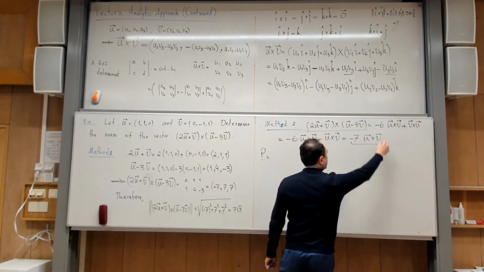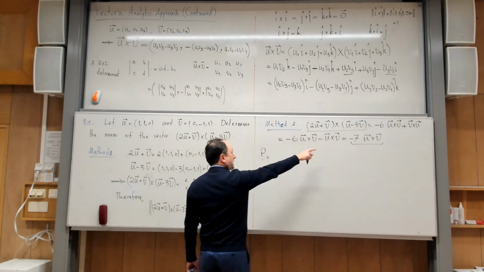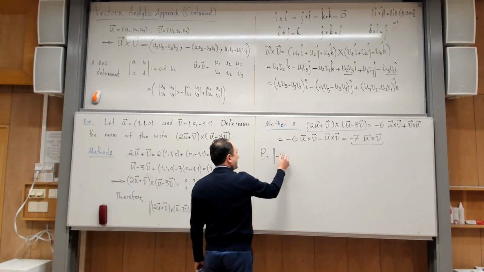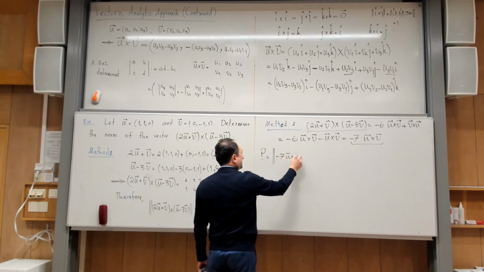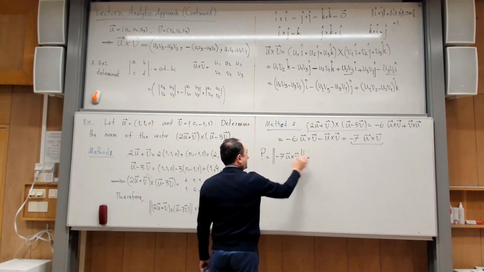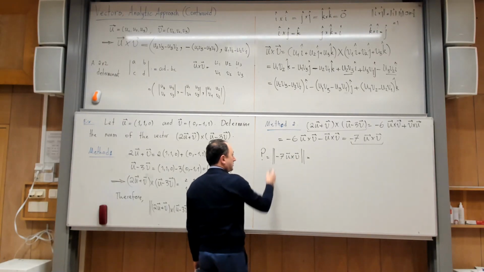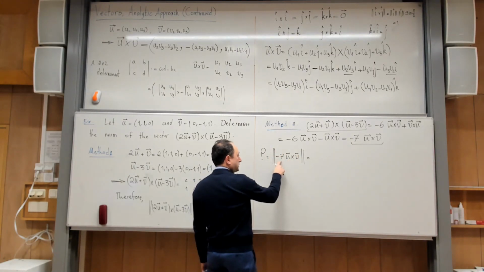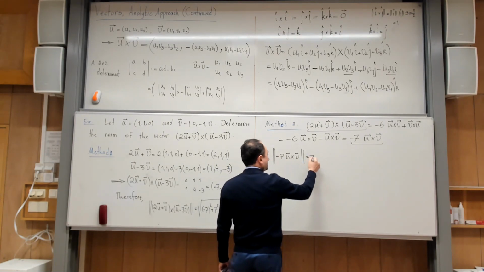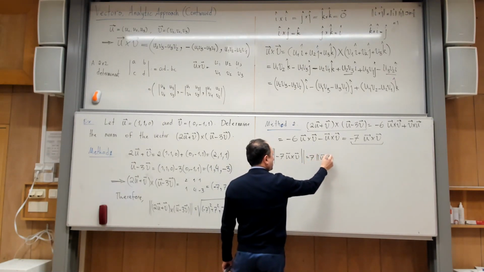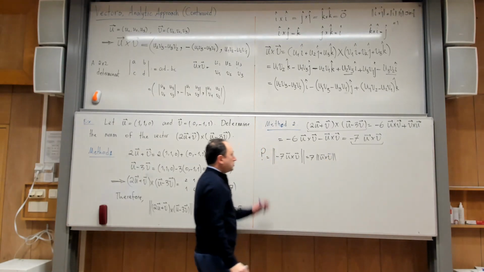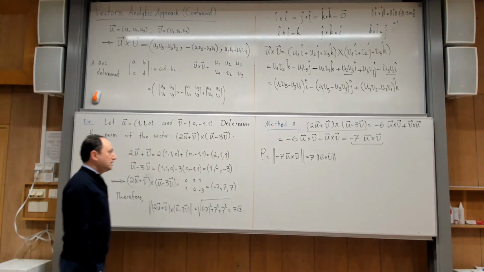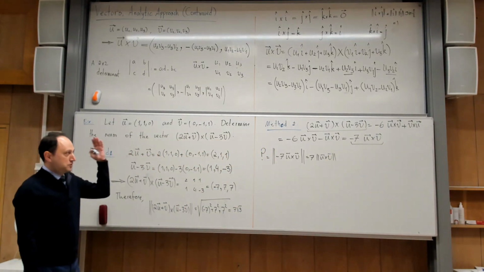Now the question in the problem is the norm of this vector, but this vector is always equal to that vector, so I can calculate the norm of the last vector instead. Do you remember, if a number is multiplied by a vector and I'm interested in the norm, it becomes an absolute value and is pulled out, so it becomes 7 times the norm of u cross v. I wrote a lot, but if you are quick with these things, I think this method is faster because you really don't need to write.